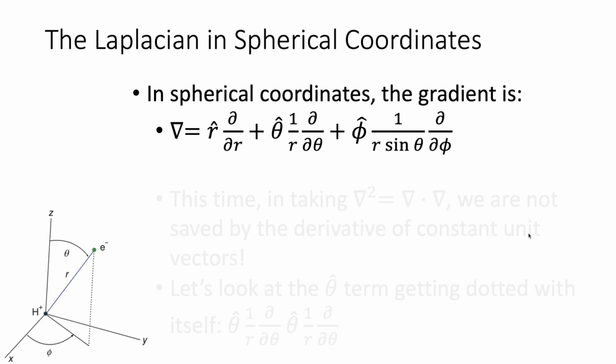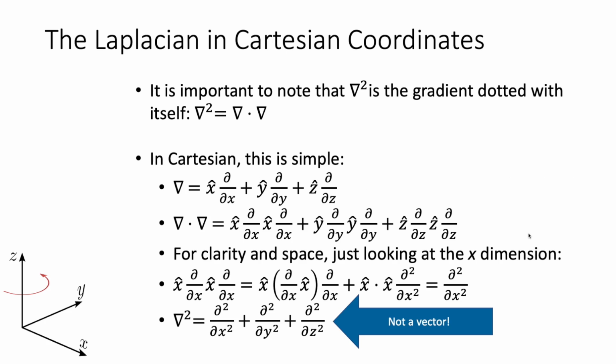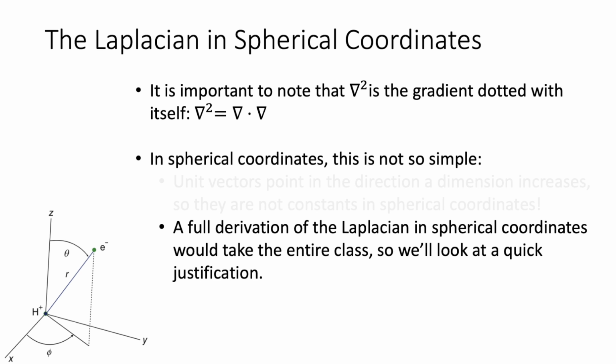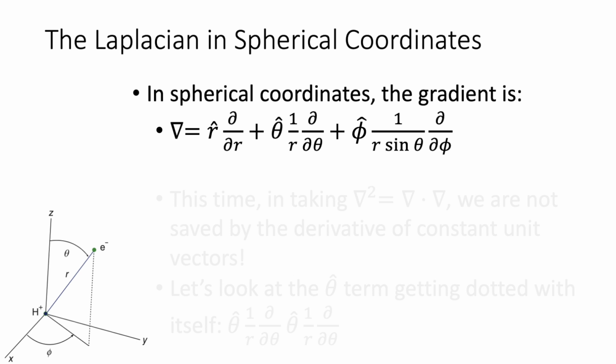But notice that each term is not just split into purely r, purely theta, etc., right? Look at the Cartesian one again, right? Right here, we've got x d/dx, y d/dy, z d/dz, right? There's no y in the z, there's no x in the y, right? They're all separate. But now notice for the gradient in spherical coordinates, now we've got r hat times d/dr.